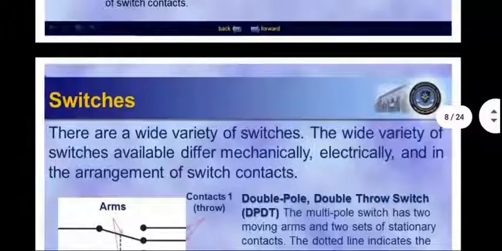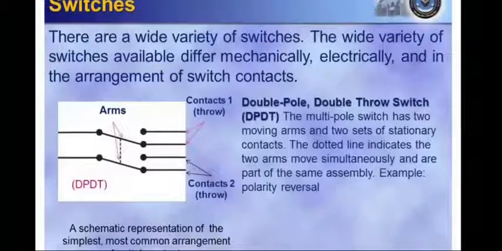And then we have got the double pole, double throw case, which is also a logical extension of what we have done in the previous slides.